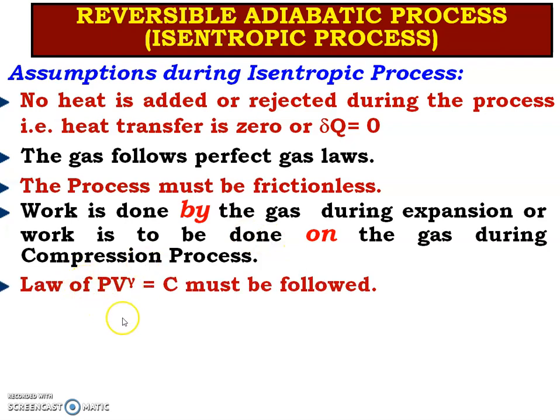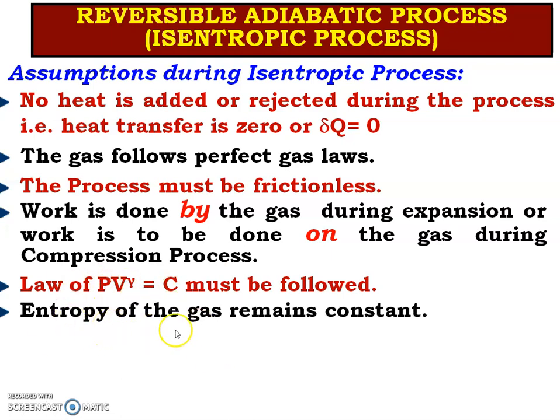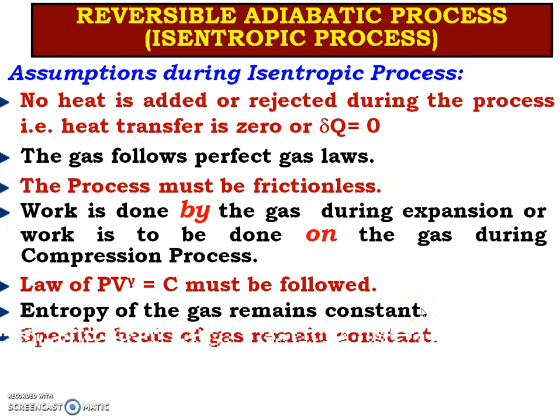And it follows the law PV raised to gamma is equal to constant. So this is the law for the reversible adiabatic process, which we are going to derive just now. Entropy of the gas remains constant. Specific heat of the gas remains constant.